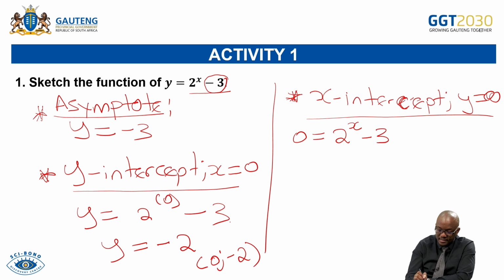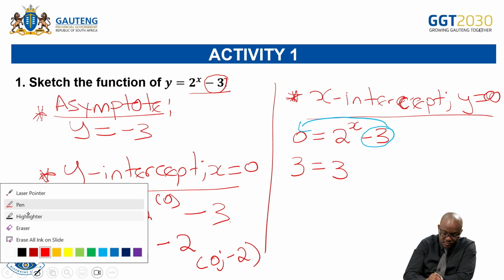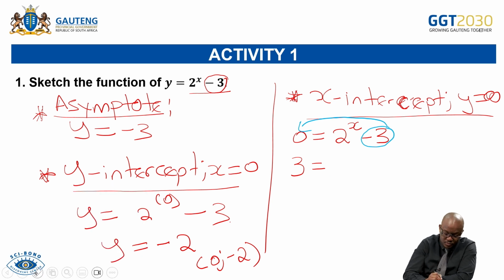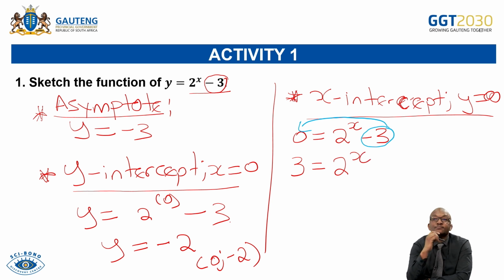Then we have to make x the subject of the formula. The first thing that I will do is transpose my -3 to the right-hand side. So we're going to have 3 is equal to 2 to the exponent of x.